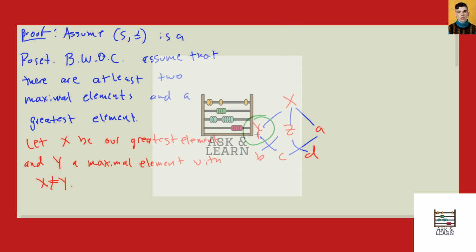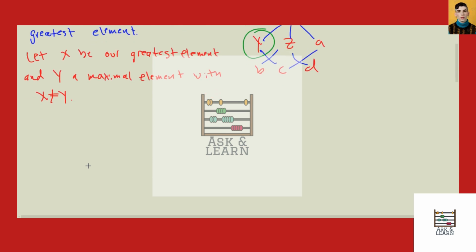But over here we said y is maximal, so nothing should be larger than this element. This is where our contradiction is going to come up, because we're assuming x is not equal to y. So let x be our greatest element and y be a maximal element with x not equal to y.